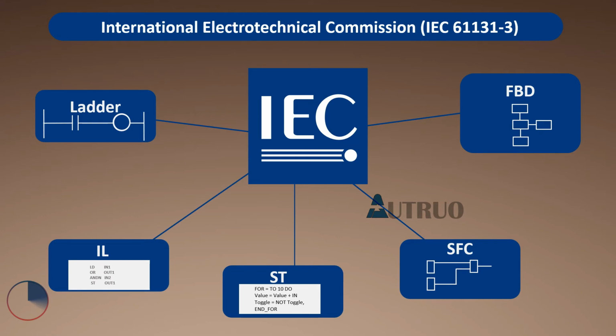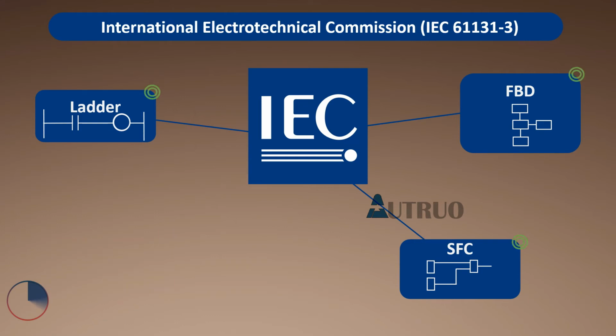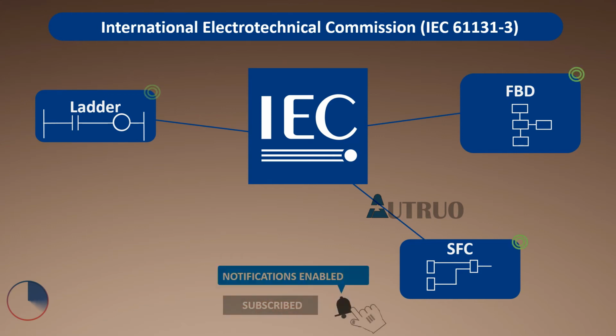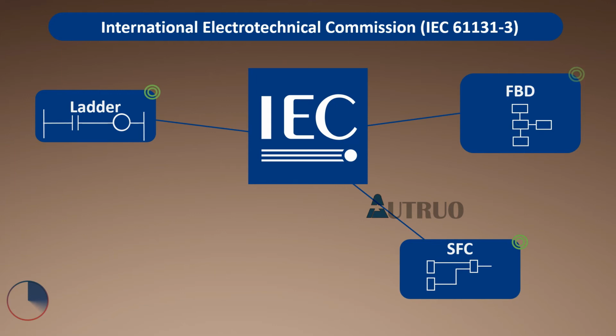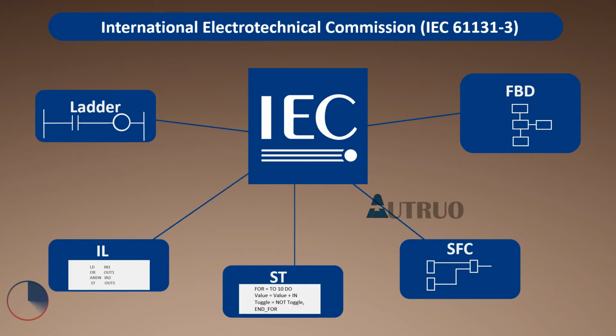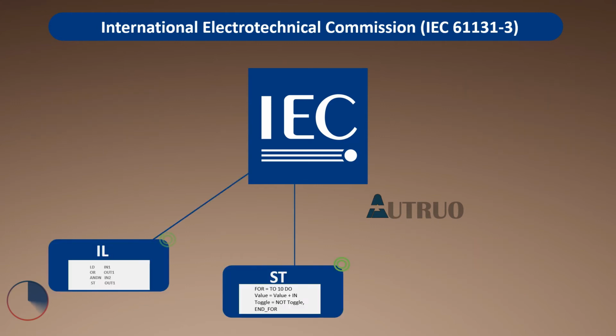The 5 languages are 3 graphical languages and 2 textual-based programming standards. The graphical ones are ladder diagram, function block diagram, also known as FBD, and sequential function chart, while the textual-based languages are structured text and instruction list.